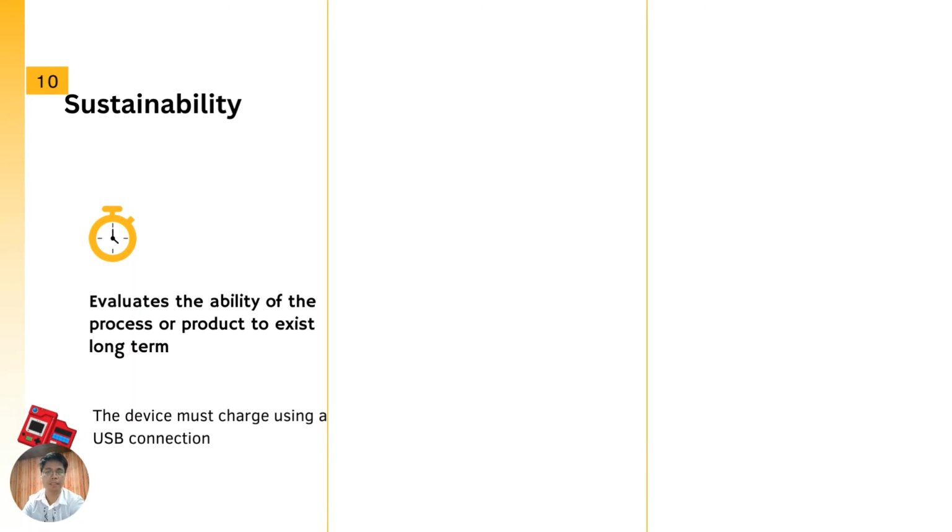The last ability is sustainability. Sustainability is the least understood of the abilities. This term goes beyond all of the other attributes in that it evaluates the ability of the process or product to exist long term. It addresses concerns such as, will the technology survive, or will the design be functional for the required time frame?